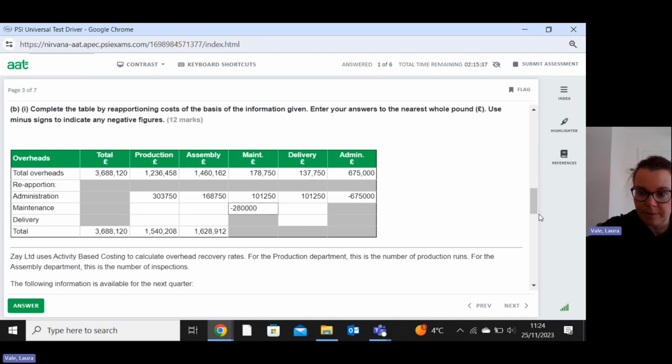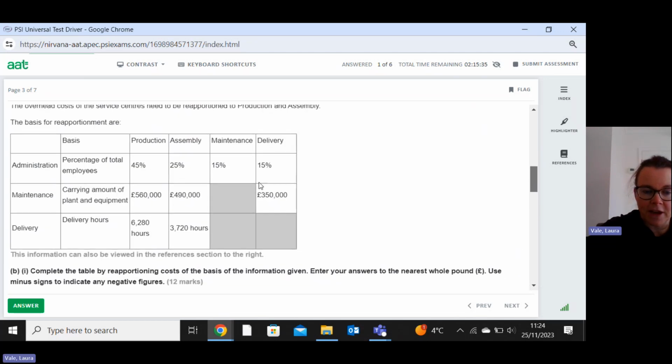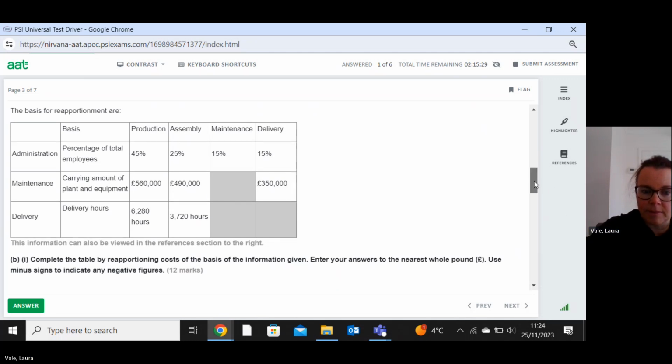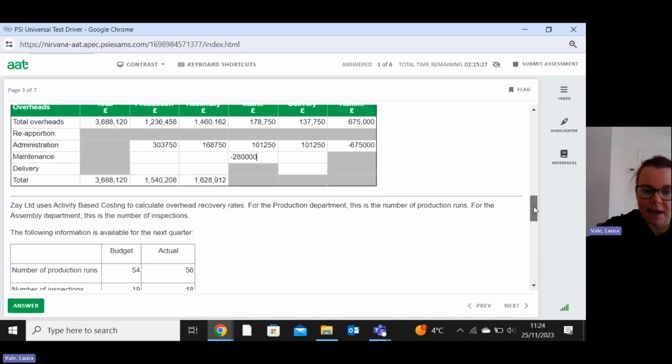Remember, I've just done 560 divide by 1400, which was the sum of all of these. And then I now need to times that by that 280,000, which gives me a figure of 112,000 for production.